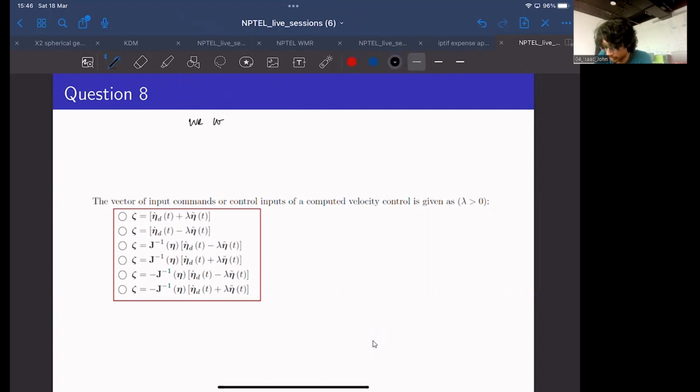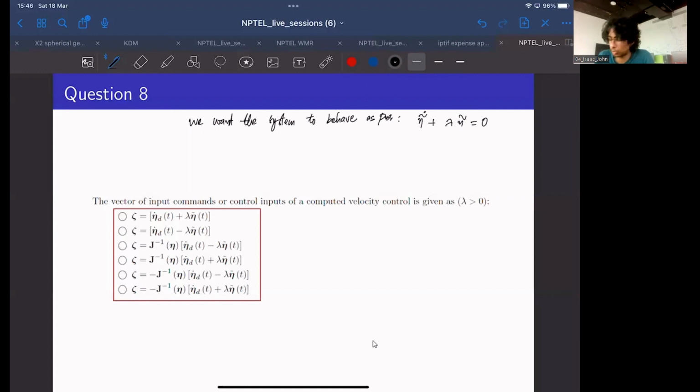So we want the system to behave as per eta tilde dot plus lambda of eta tilde equal to 0.